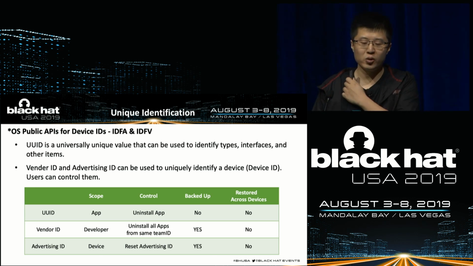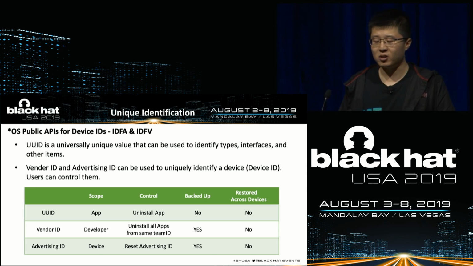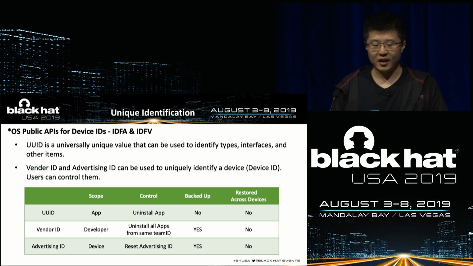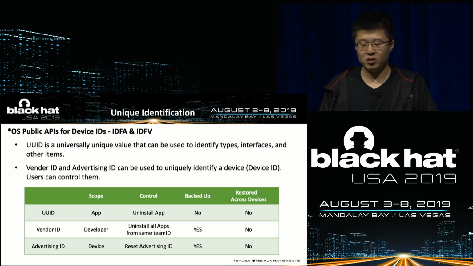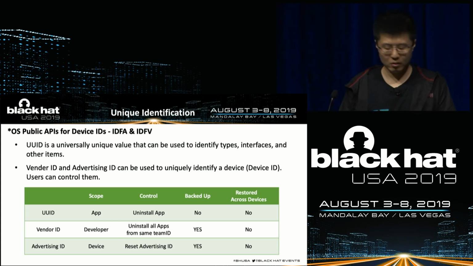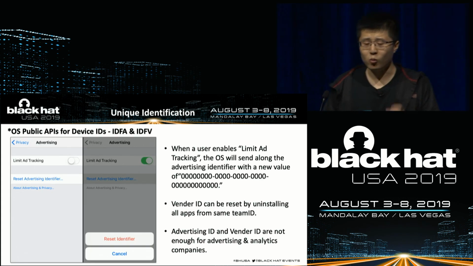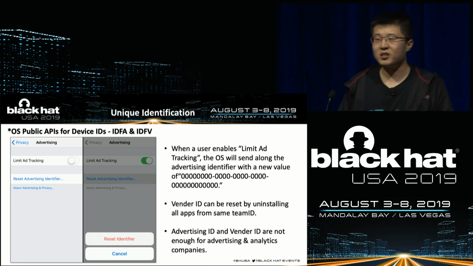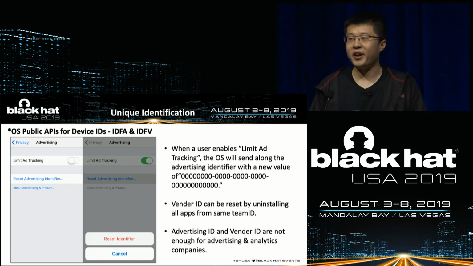For instance, UUID. It is a universal unique value that can be used to identify types, interfaces, and other items. In addition, vendor ID and advertising ID can be used to uniquely identify a device. More specifically, users can control them. When a user enables limit ad tracking, the OS will send along the advertising identifier with a new value of zeros.